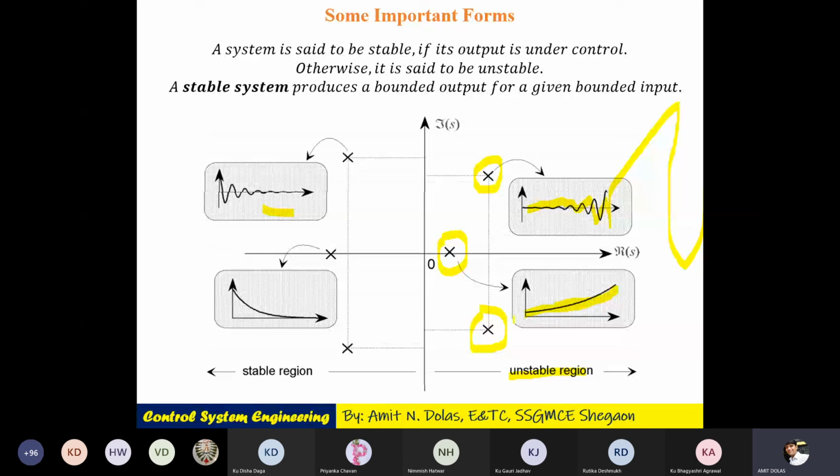It will start from 0 and exponentially go to infinity. So it is also unstable. So simply, if the poles are present in the left hand side of the S plane, then the system is stable. If poles are present on the right hand side of the S plane, then it will be unstable. And if poles are present exactly on the imaginary axis, it will be marginally stable.